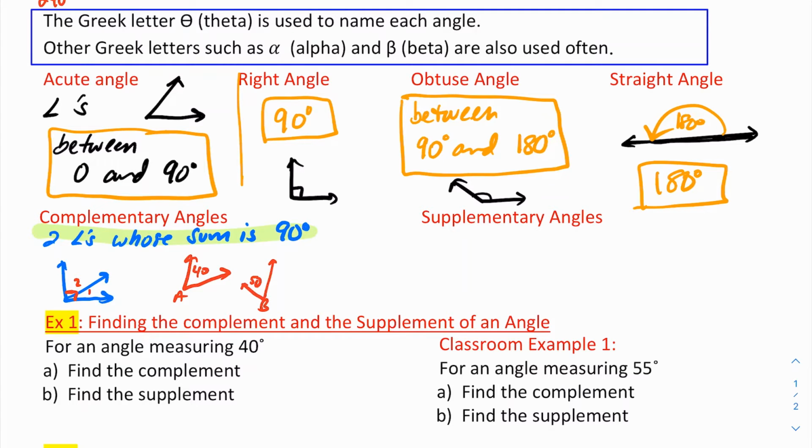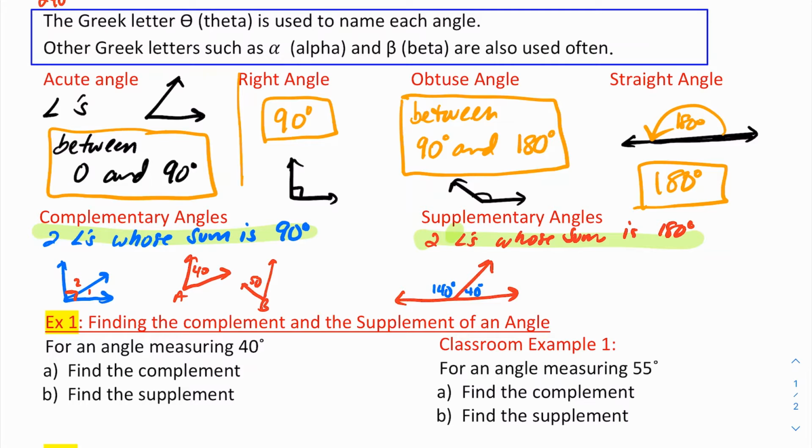Supplementary angles are two angles whose sum is 180. So again, they could be adjacent to each other. Adjacent means next to. So these two angles, let's say, I don't know, it looks like 40 and then 140 degrees. Those two angles are complementary, or excuse me, supplementary.